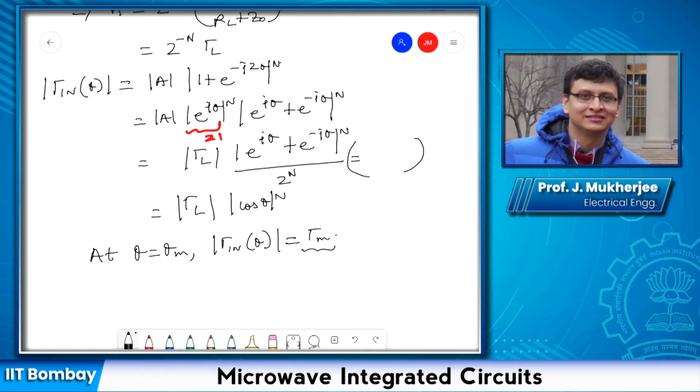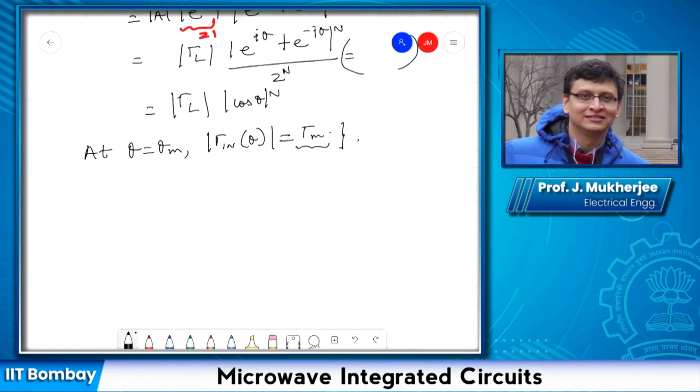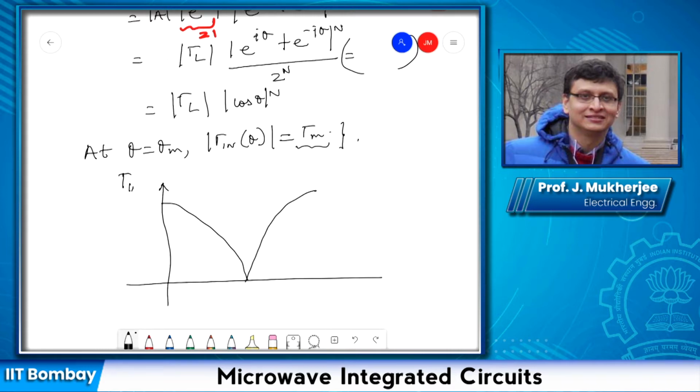We had discussed the bandwidth, and while discussing, we had discussed this concept of gamma m. So suppose, again, let me draw. Suppose this is my gamma in theta, and as I said, we can arbitrarily define the value of acceptable gamma in magnitude.